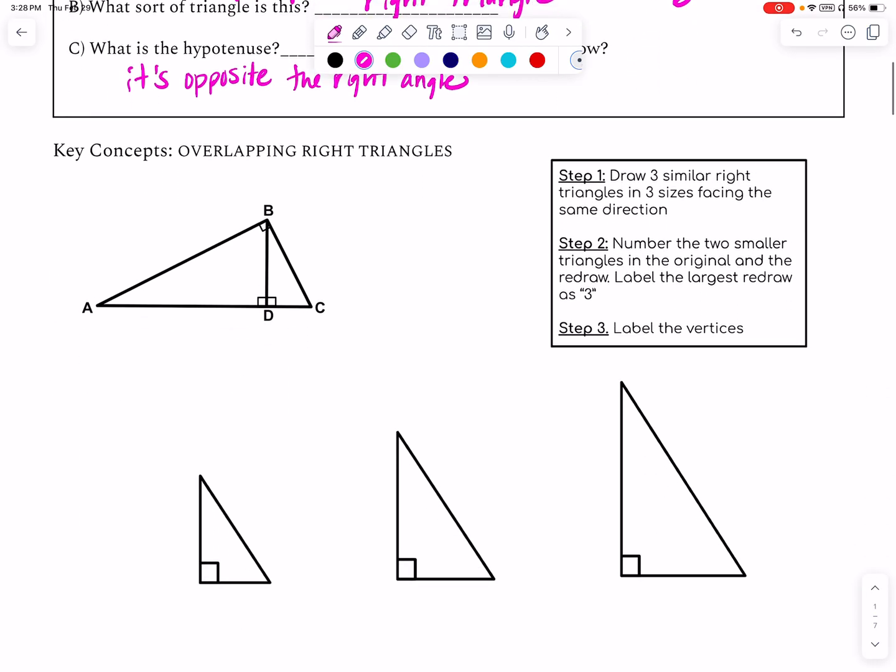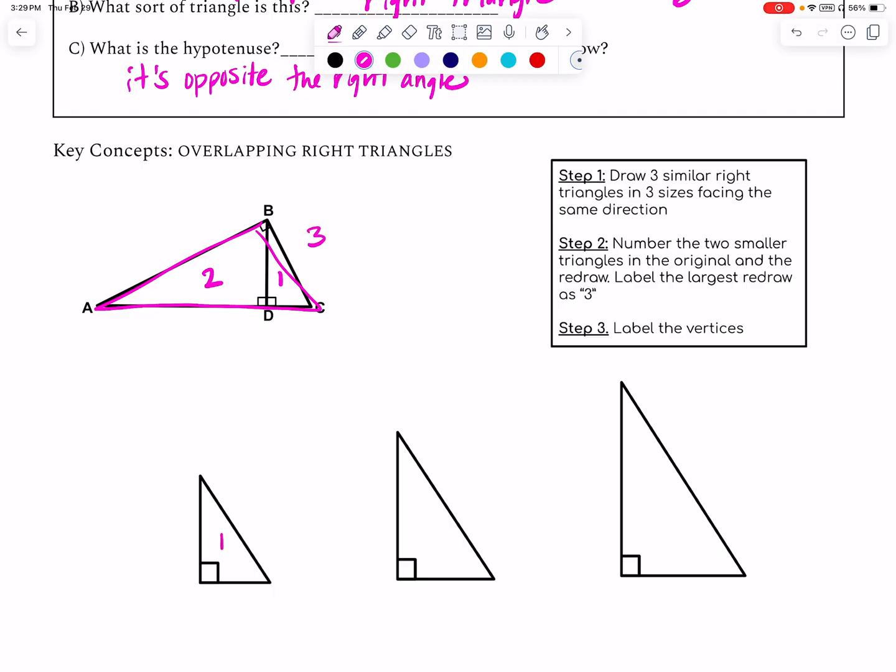So, overlapping right triangles. In these lessons, we've been seeing how there's one big triangle, but there are smaller triangles in between. Here, we have three triangles. Triangle 1, triangle 2, and the whole triangle will be triangle 3.